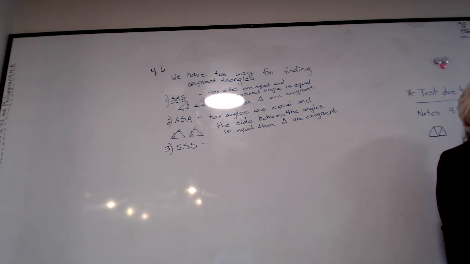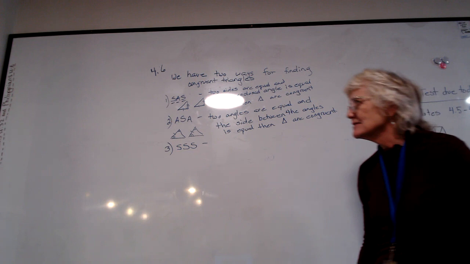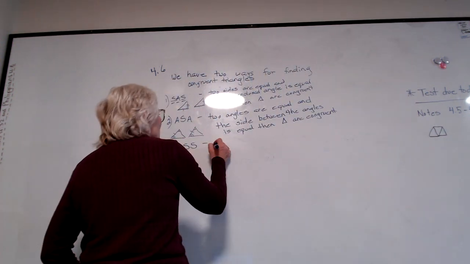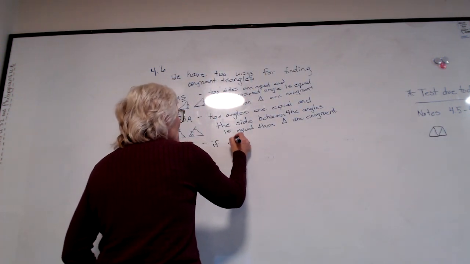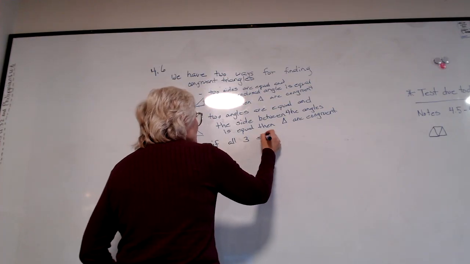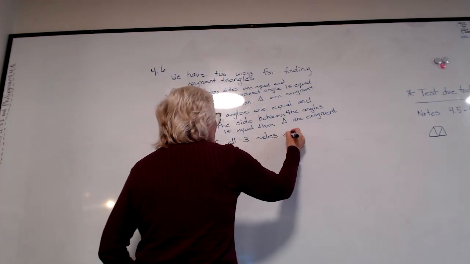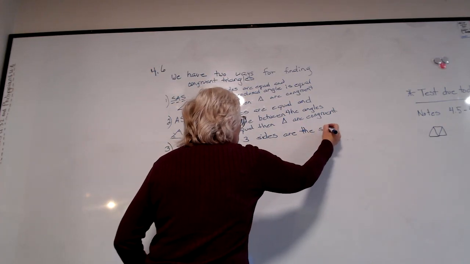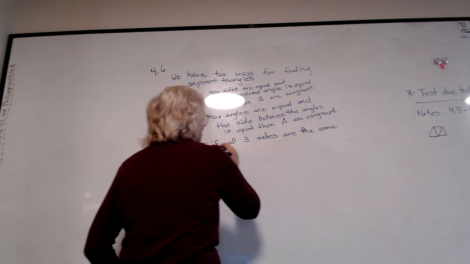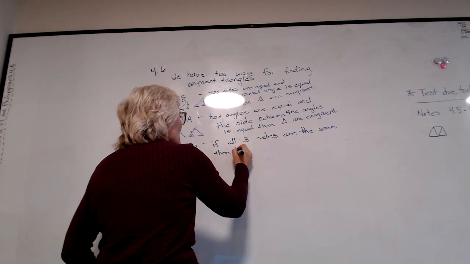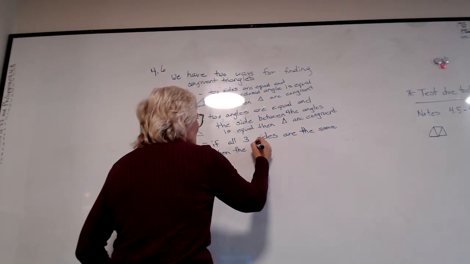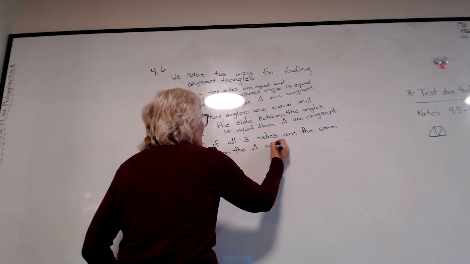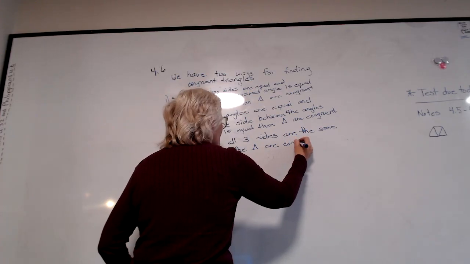That if all three sides are equal, then the triangles are congruent. That's exactly what it says. So this says if all three sides are congruent, or are the same, then the triangles are congruent.